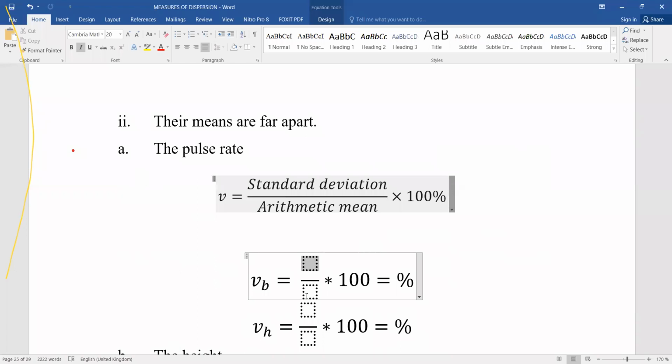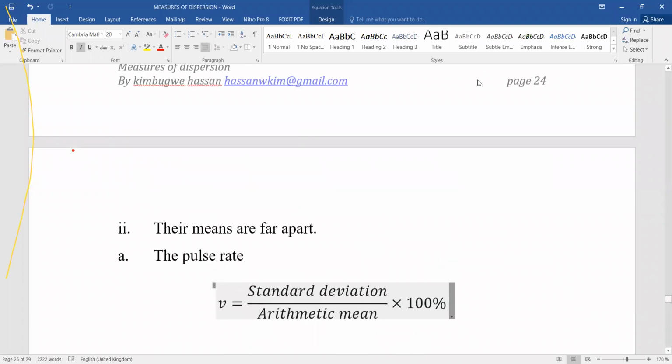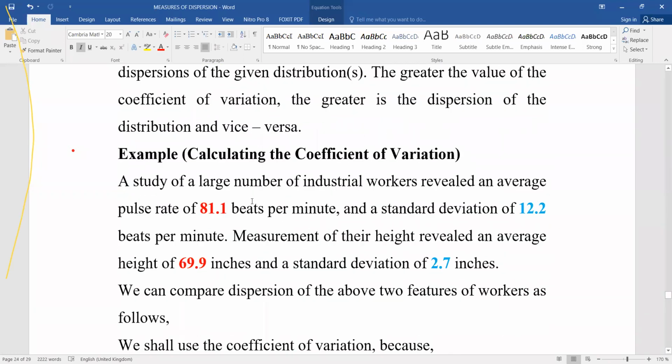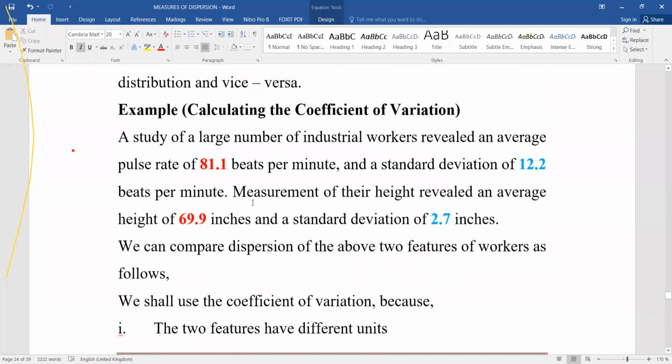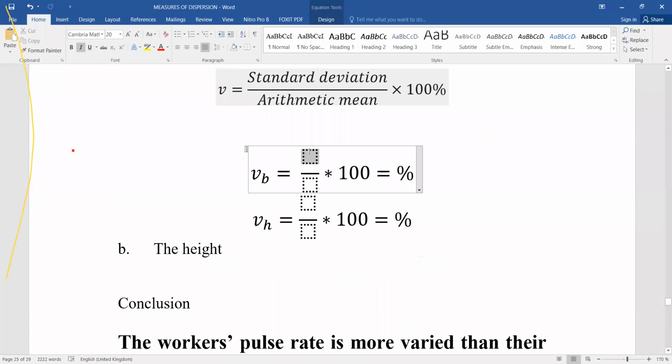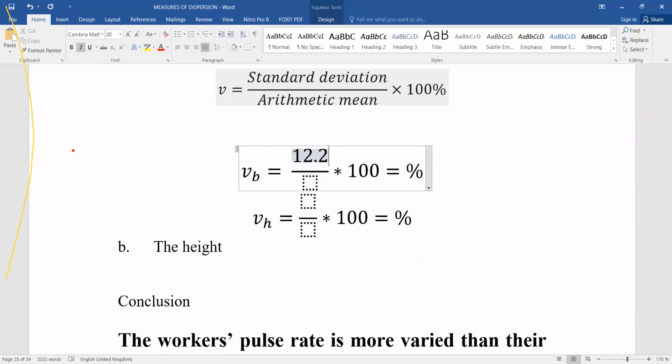What is the standard deviation from this question? Standard deviation, Rachel is saying 12.2. So 12.2. And what is the arithmetic mean? 81.1.